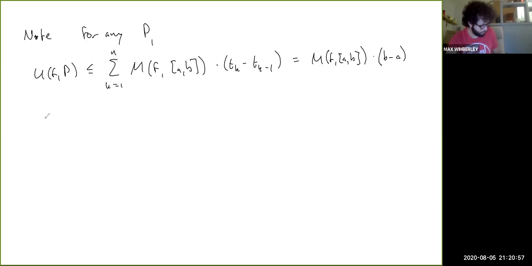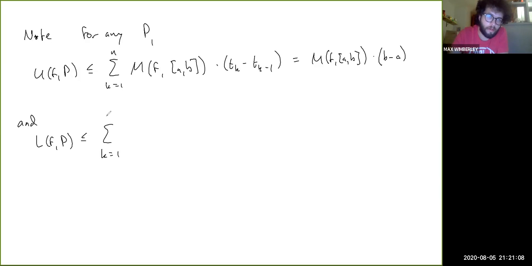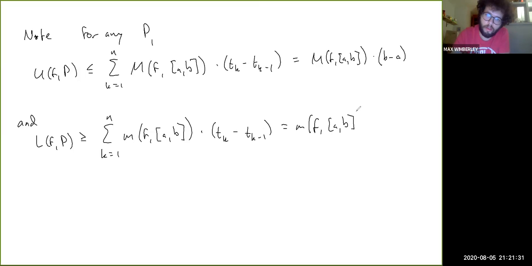And similarly, L of f, P is greater than or equal to the sum from k equals 1 to n of little m of f on AB times t_k minus t_{k-1}, which is little m of f on AB times b minus a.